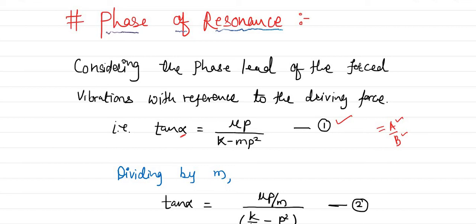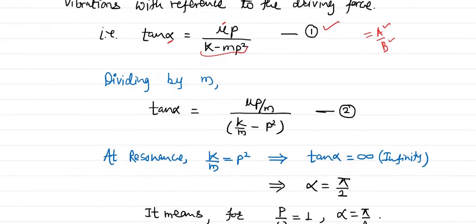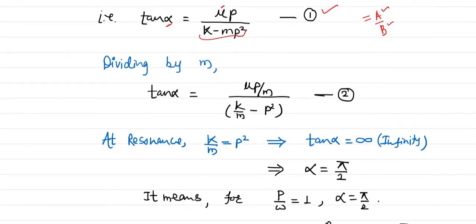You know that this mu here is the frictional constant, it represents the frictional forces. Now let us divide this ratio, mu p divided by k minus m p square, by m. After dividing by m, the numerator and the denominator both change on the right-hand side only.